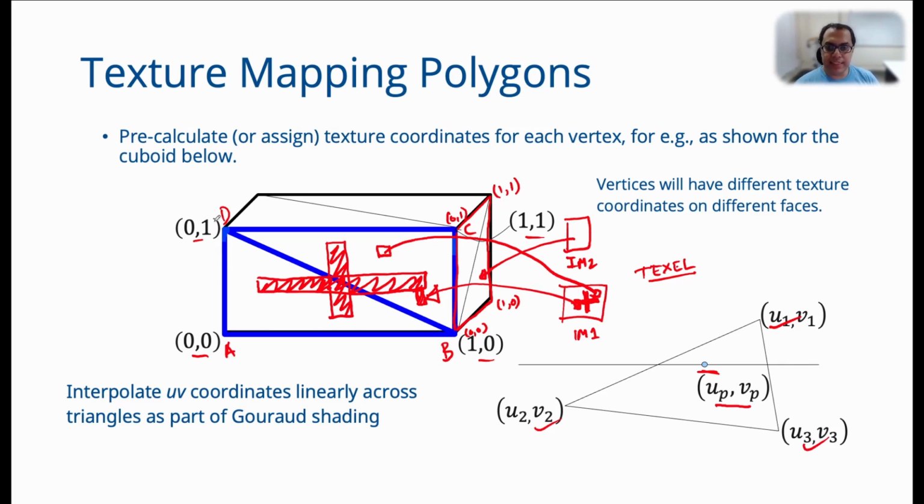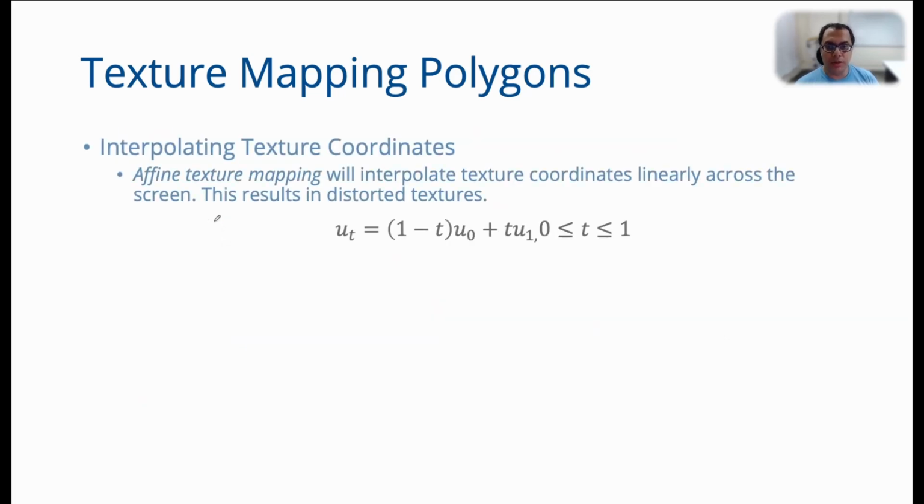There is a slight detail about this kind of texture mapping that you need to be careful about. When you interpolate your texture coordinates, they are getting linearly interpolated across the screen, because that is what scanline interpolation does. It does linear interpolation. Now, if you linearly interpolate your texture coordinates by doing this, your textures get distorted.